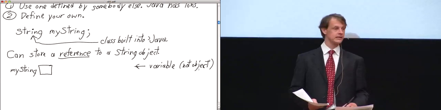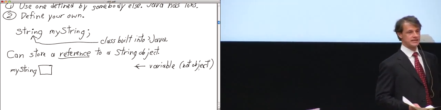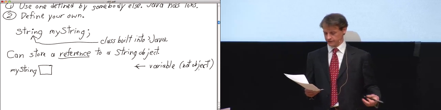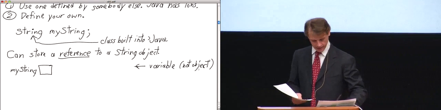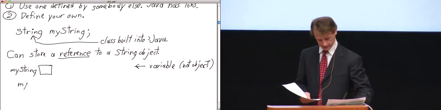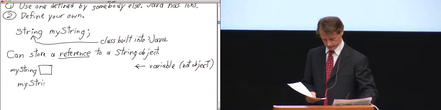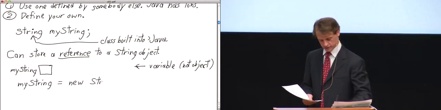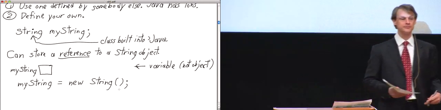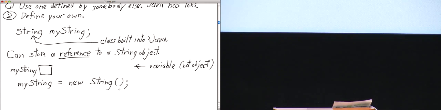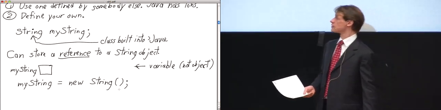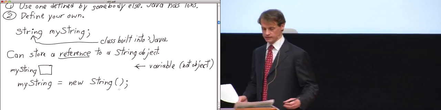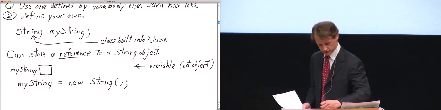So we're going to write an assignment statement that makes it reference an object. To do that, first we have to get a hold of an actual string object, and so we're going to create one. I'm going to do that with the following line of code: myString equals new String, with an open parenthesis and a closed parenthesis at the end. This is an interesting line of code. It does a couple of things in 2 steps.